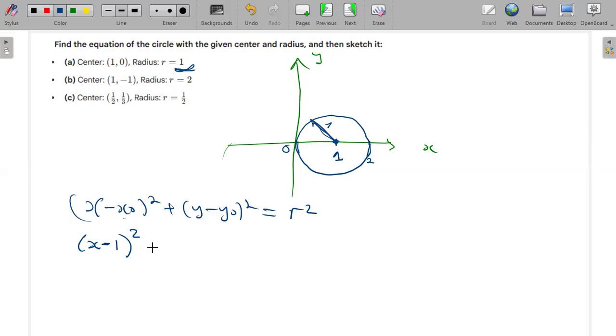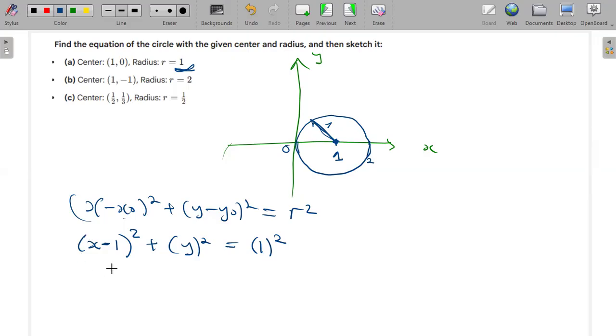And then you have your y naught, which is 0, so that's going to be 0 anyway. Even if we write it like this, we know it's 0. Then your r is 1, so you put your 1 there and square it.